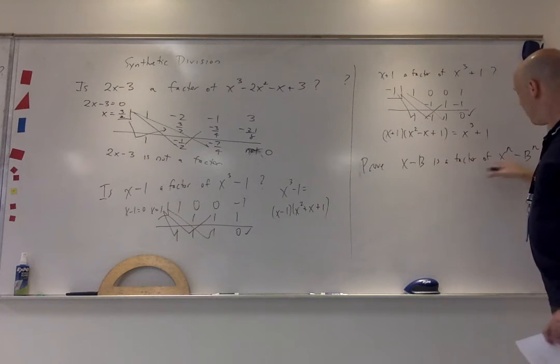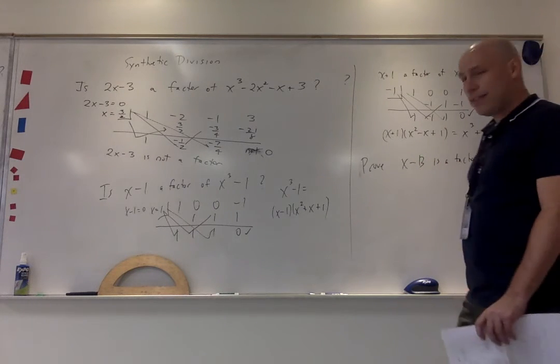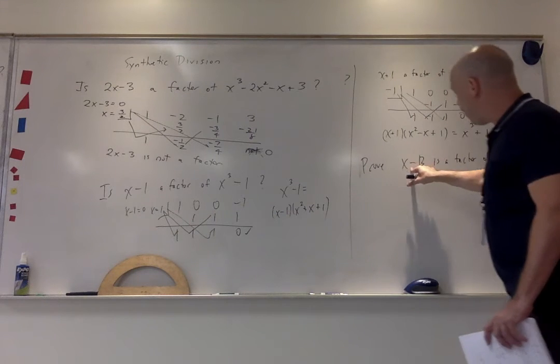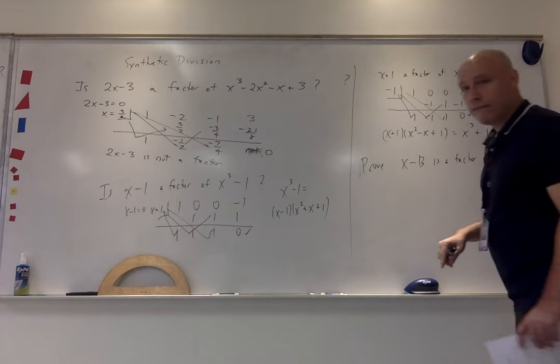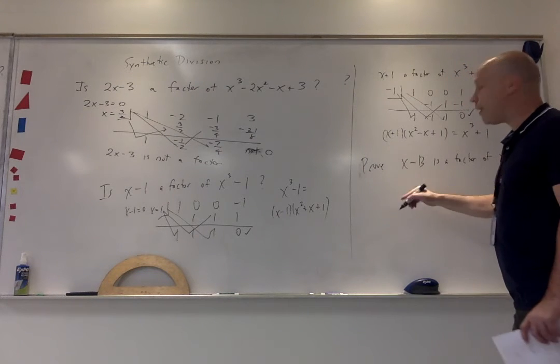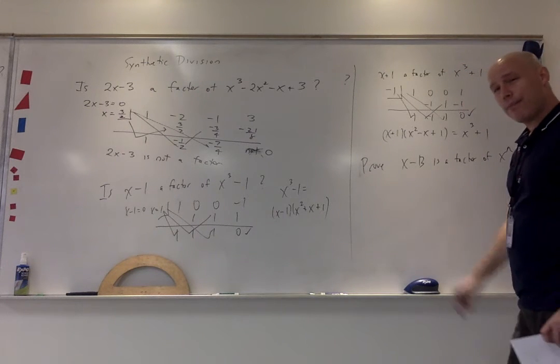Right? Prove that x minus b is a factor of x to the n minus b to the n. Well, I'm going to leave that to you. You can contact me if you have a question.